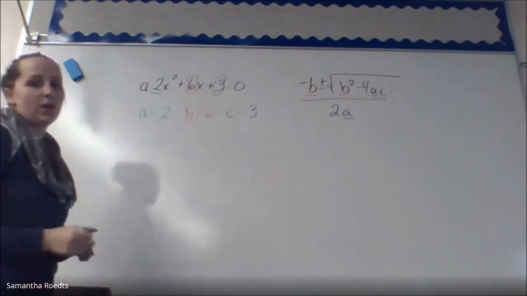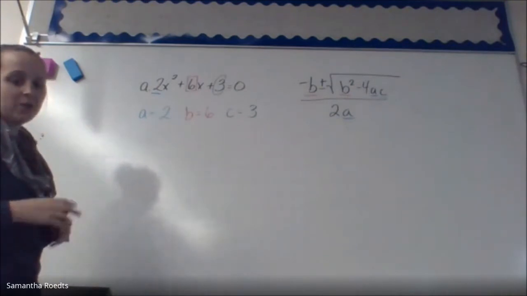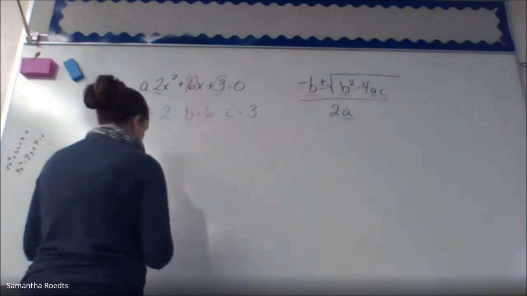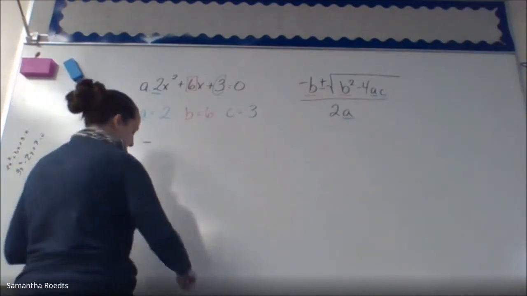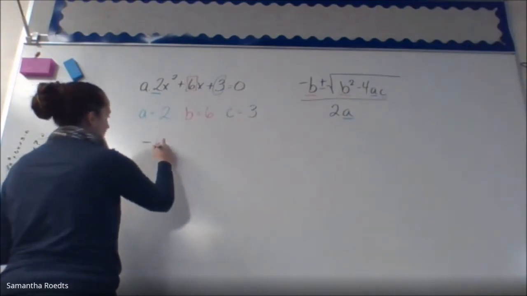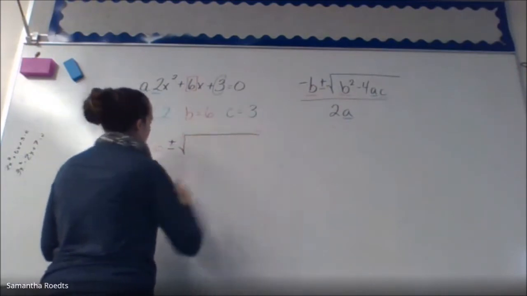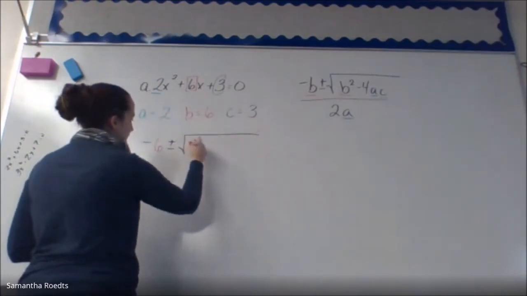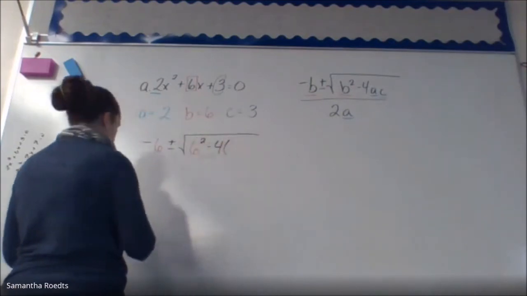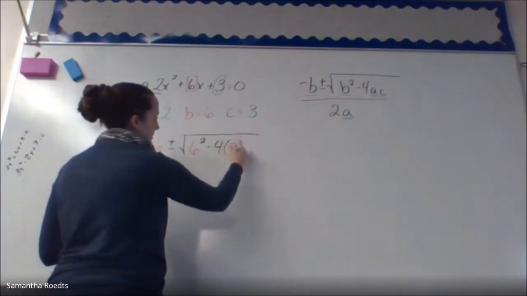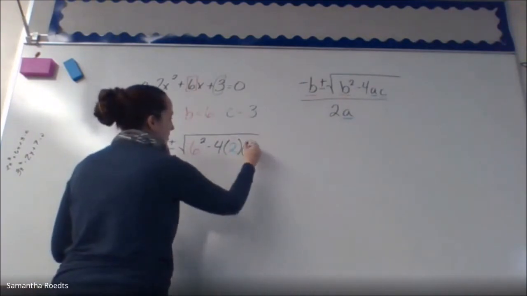All right, so when I'm doing this, I'm going to just copy and substitute in my values for a, b, and c. So I have negative b, which is negative 6, plus or minus the square root of 6 squared minus 4 times a times c, which is 3.